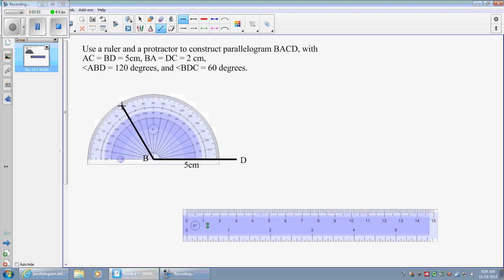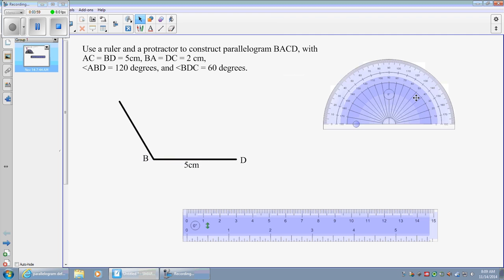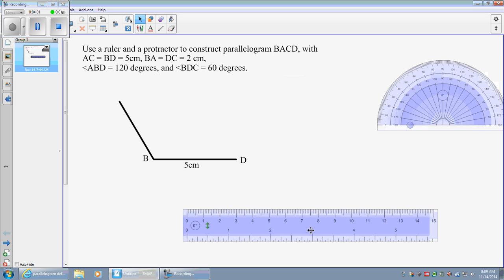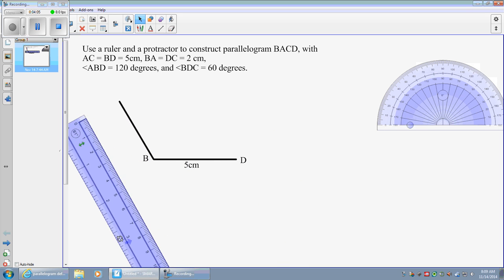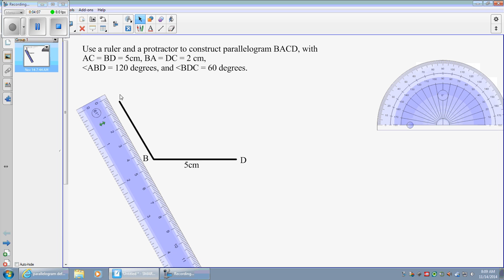Now when you're using your pencil, you're going to make the mark up here, which is perfect. You're going to move the protractor out of the way. Then you take your ruler, and we know that this is going to be A. The end of this point is going to be A, and BA is going to equal 2 centimeters.